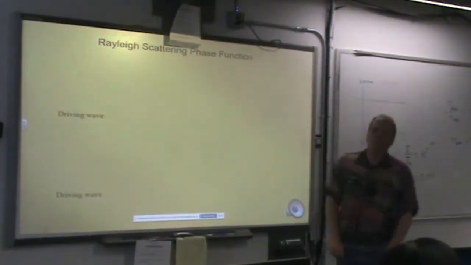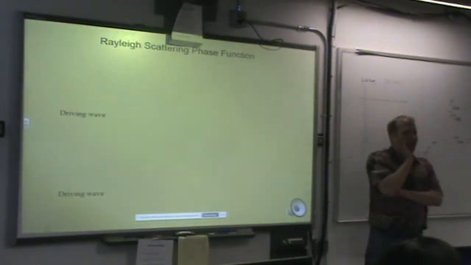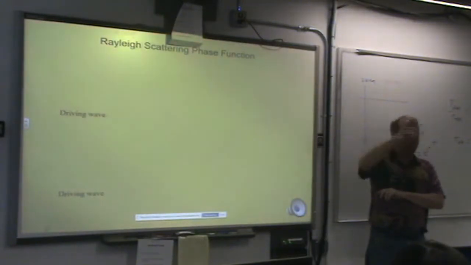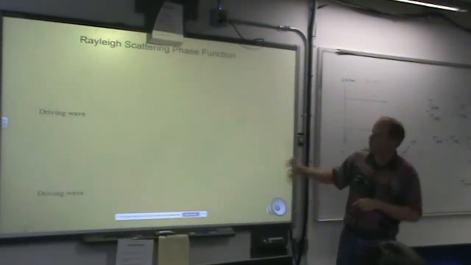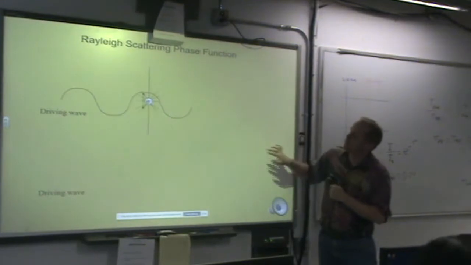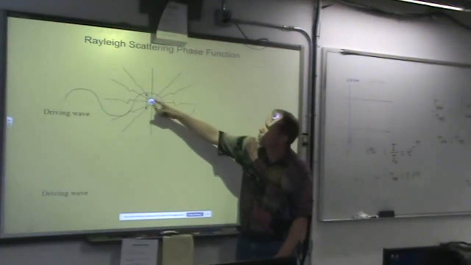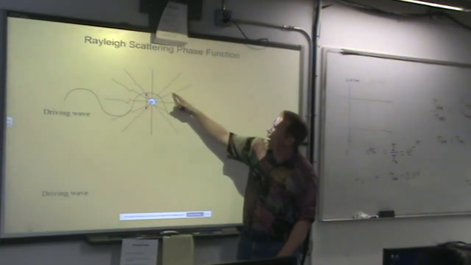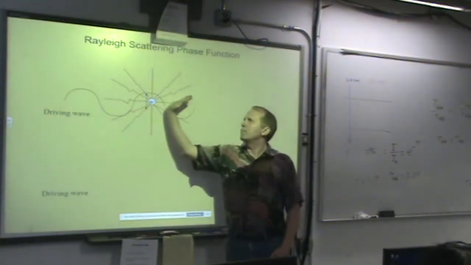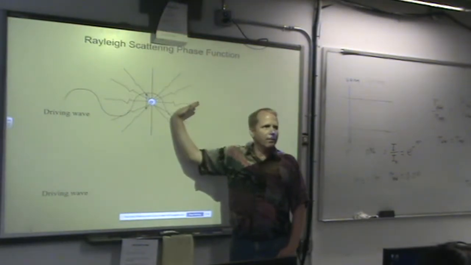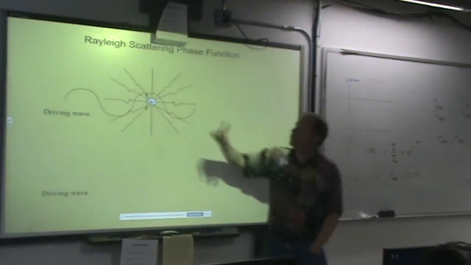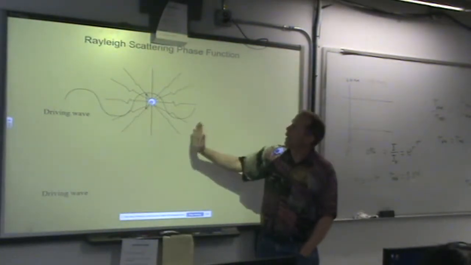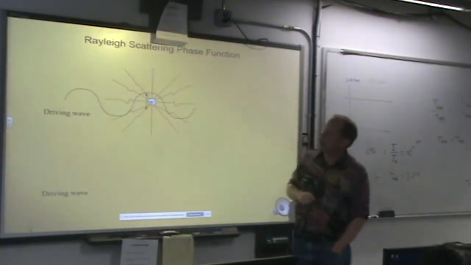Now, the other thing we want to worry about: so far we've been drawing circular waves for Rayleigh scattering, but remember, it's a dipole pattern. It may look circular around the axis, but as you move away from the axis, it's going to look different. I have a driving wave hitting a charge, going up and down, and notice how the amplitude changes as you go out of perpendicular with the axis of vibration.